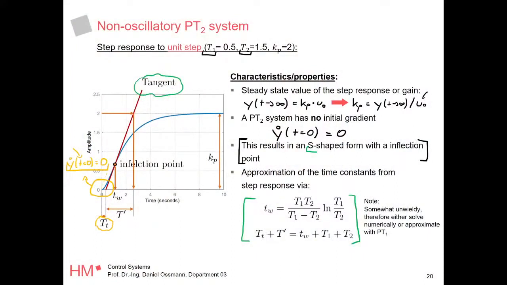Let me try to convey what I mean. If your system response has really a nice S shape, like this, you could say that's definitely an S shape, it must be a PT2. But if it has just a very small S shape, like mine actually has here, then this S shape is not very pronounced practically.